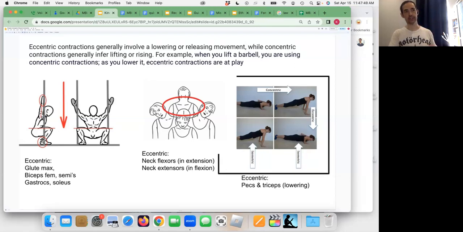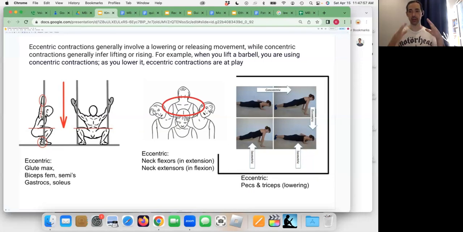Think of contraction as being the movement of actin and myosin filaments sliding past each other. They can slide in a way that shortens them. They can slide in a way that lengthens them. So lengthening allows us to control and handle weight just in a different way because the muscle fibers are moving away from each other, eccentric, lengthening.